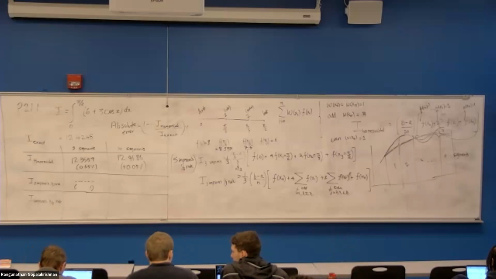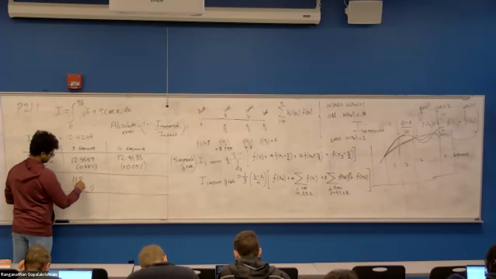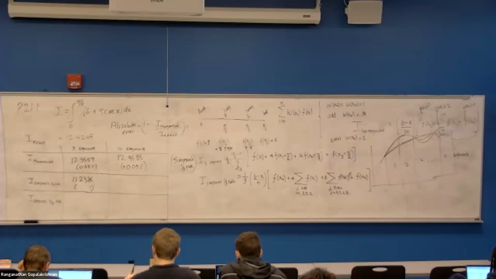4, 2, right? P minus A divided. So what are you getting? 11.2386. 11.2386. 9.55% error.